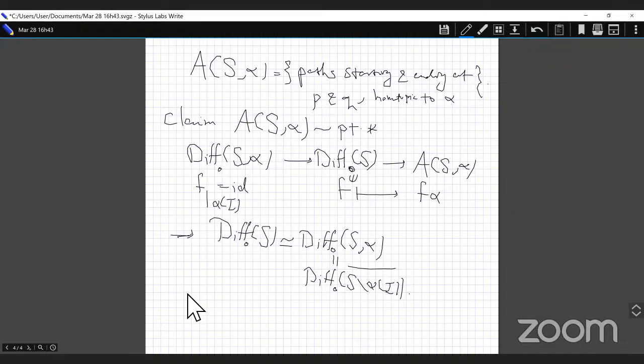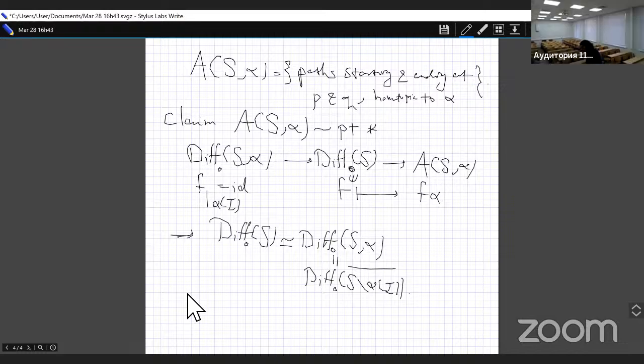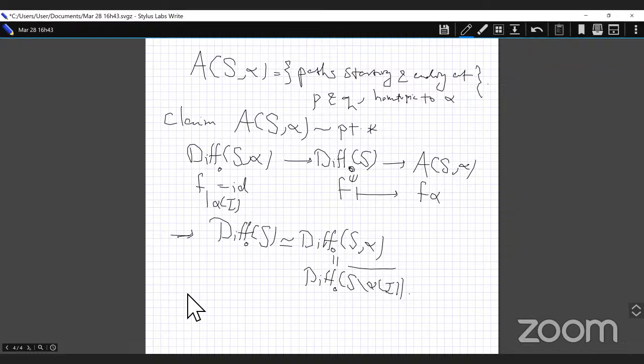But that can't be right, because taking the closure inside of S won't that give back all of S? I think you must delete an open tubular neighborhood, which leaves some new boundary components.